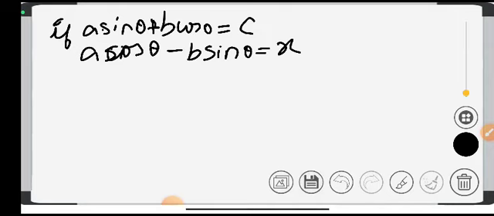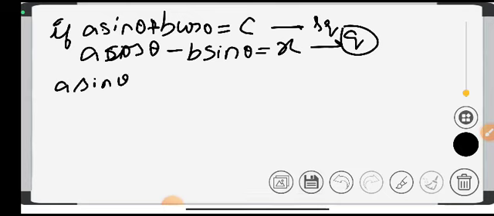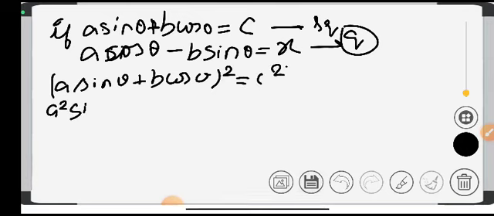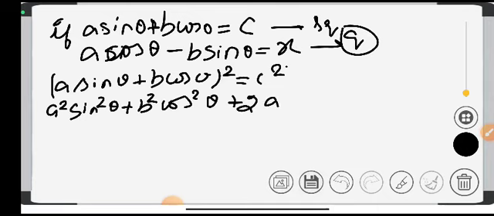So if I square the first one and square the second one, by squaring this, you will get (a sin theta plus b cos theta) the whole square is c square. So I found a square sin square theta plus b square cos square theta plus 2ab sin theta cos theta is equal to c square.